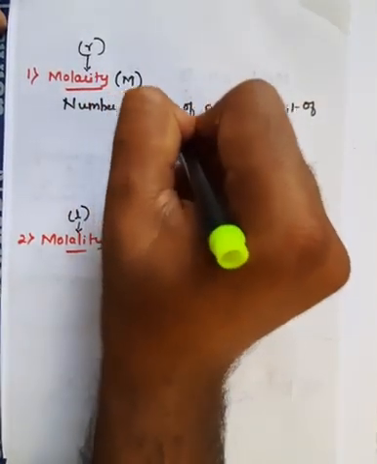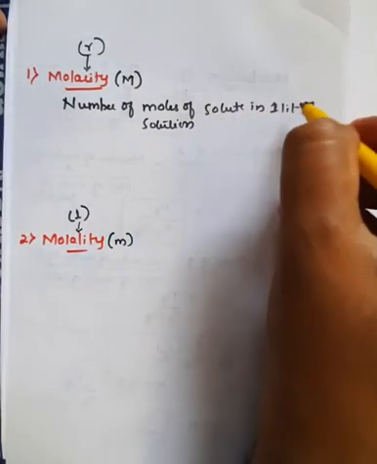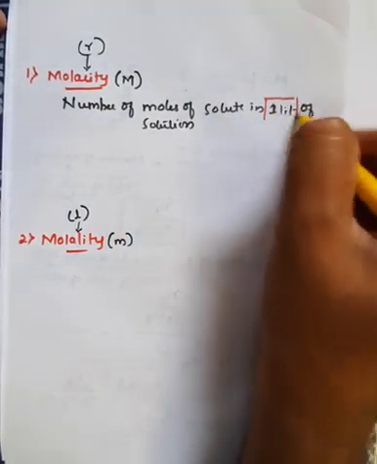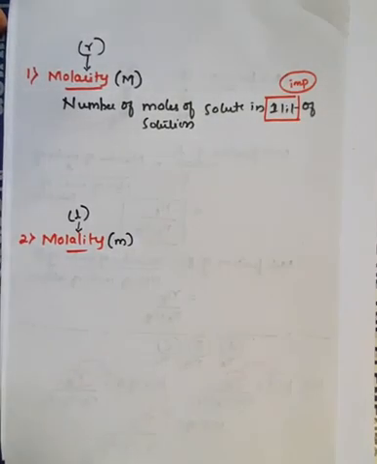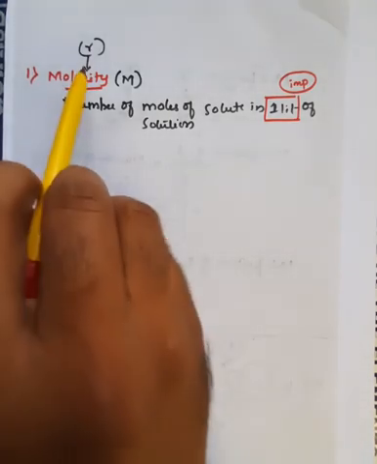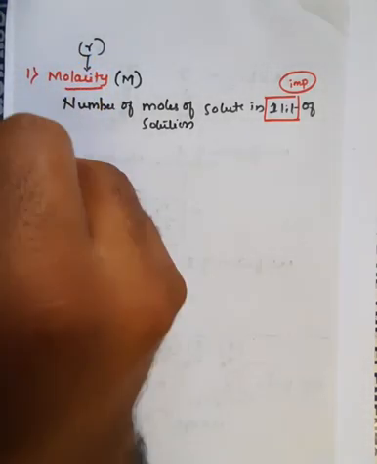If you take a solution in terms of 1 liter, this is important, remember. This word is important, right? If you take any substance in terms of 1 liter, generally we call that molarity.